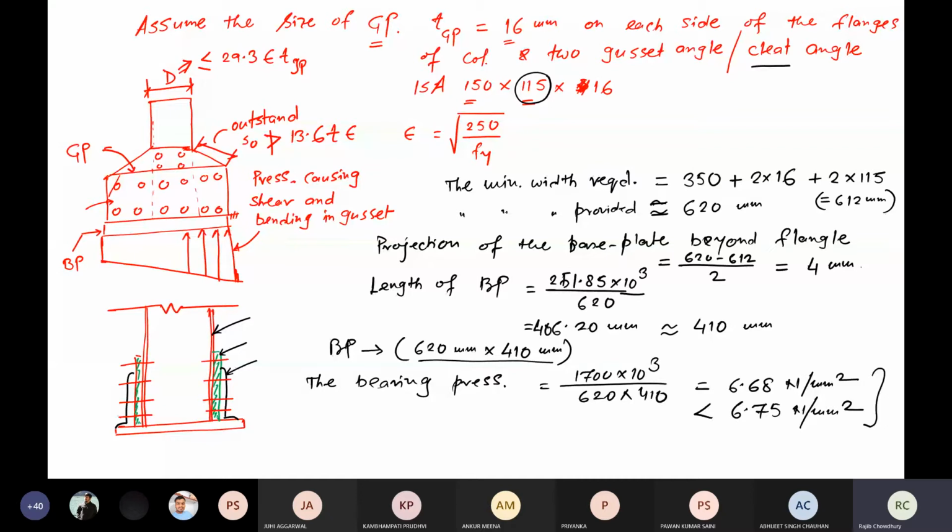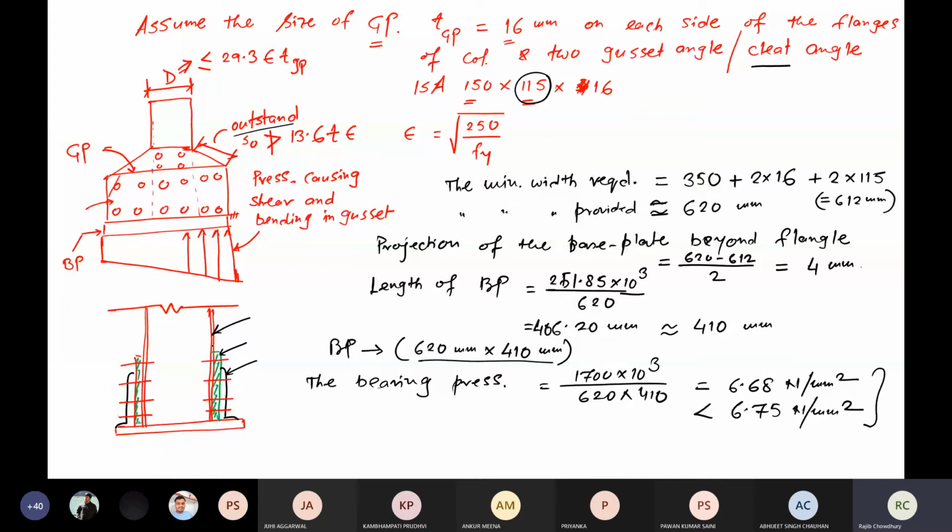So there must be some critical section about which this projected or outstand portion might act as a very critical portion for the moment.